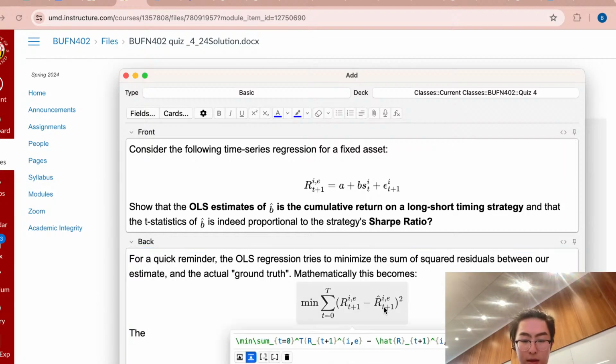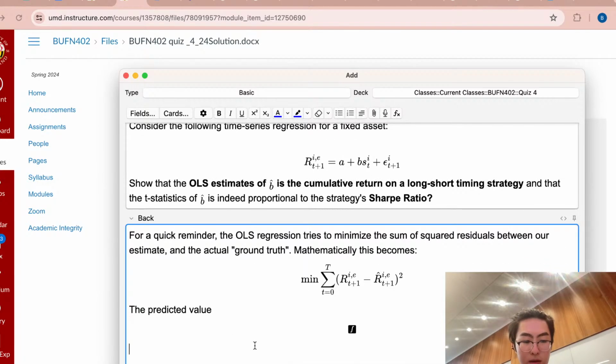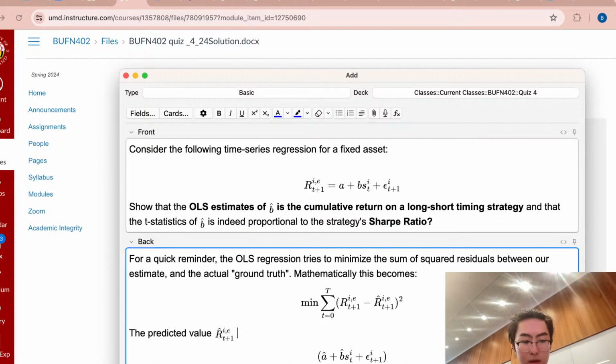The predicted value, the estimated prediction, is composed of the following elements.